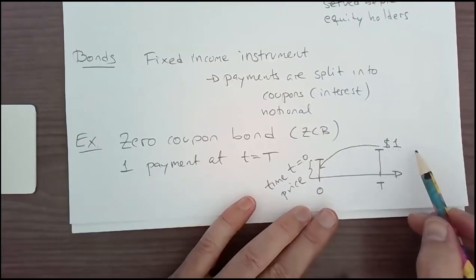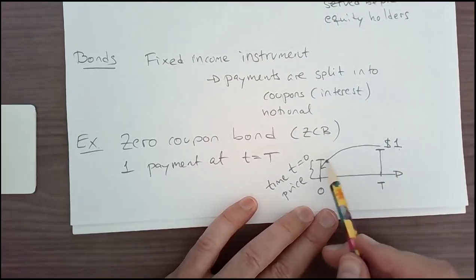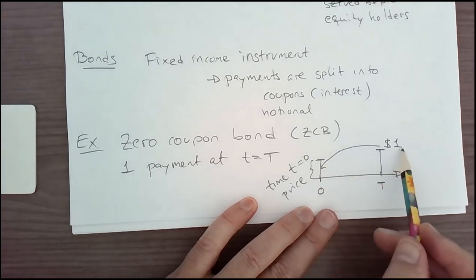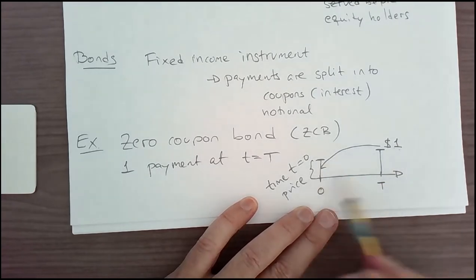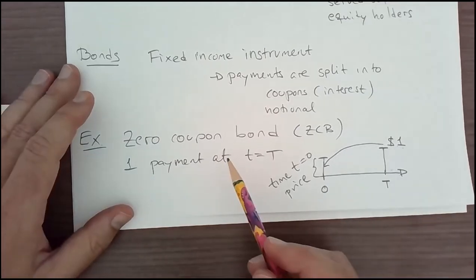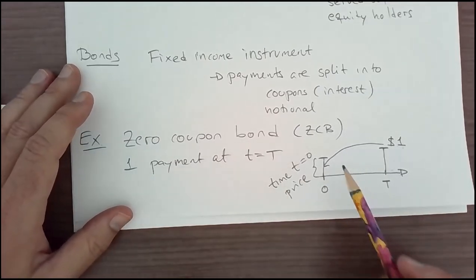Well, if you're getting $1 at the end, then maybe you're willing to pay, I don't know, 90 cents, 95 cents to get $1 at some point later on. We're not interested in pricing these things right now. What we're interested in is talking about what they look like.